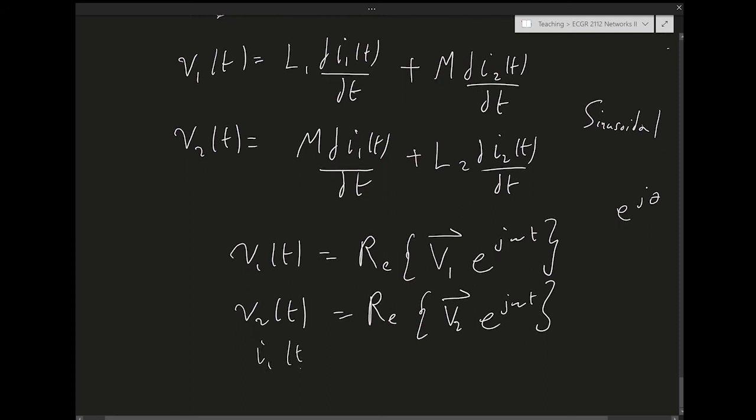The same goes for I1(t) and I2(t). So I can plug in those complex values in this equation, and then to go back to the real part, I just take the real part of those equations.